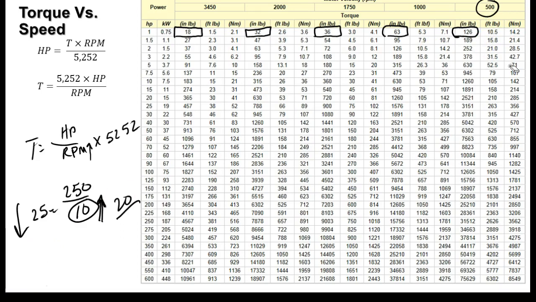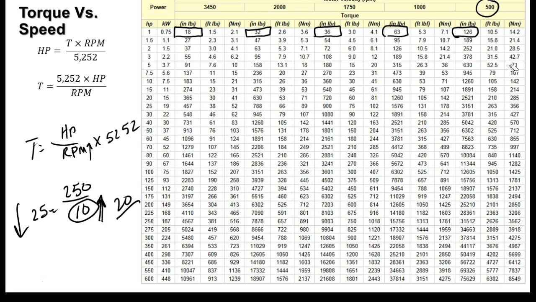So over there it's delivered that horsepower at 500 RPM. I get 126 pounds of torque. At 1,000 RPM, I get 63 pounds of torque. At 1,750, I get 36 inch-pounds of torque. At 3 times 2,000, I get 32. So as the speed goes up, torque goes down, right? Does that make sense?